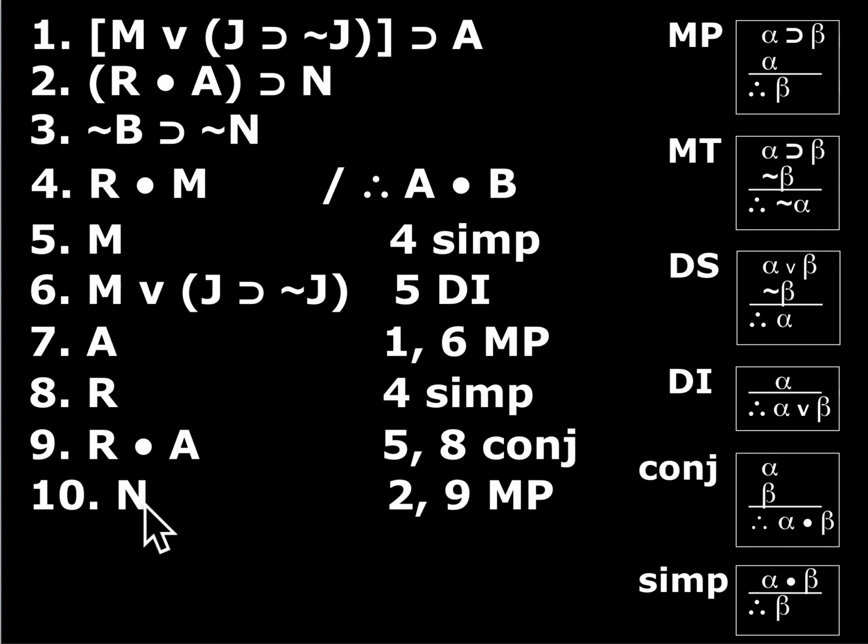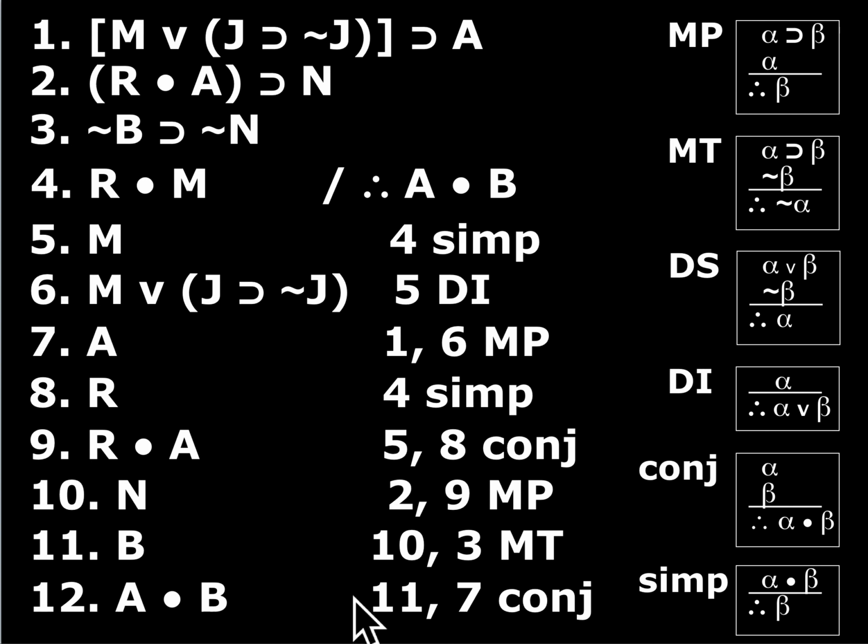Now that I have N, I can do modus tollens on line 3. I have the negation of the consequent, derive the negation of the antecedent, so I can get B by 10, 3 modus tollens. And now I have A and B. I have A on line 7 and B on line 11. So I can just conjoin those, A and B, and the proof is done.